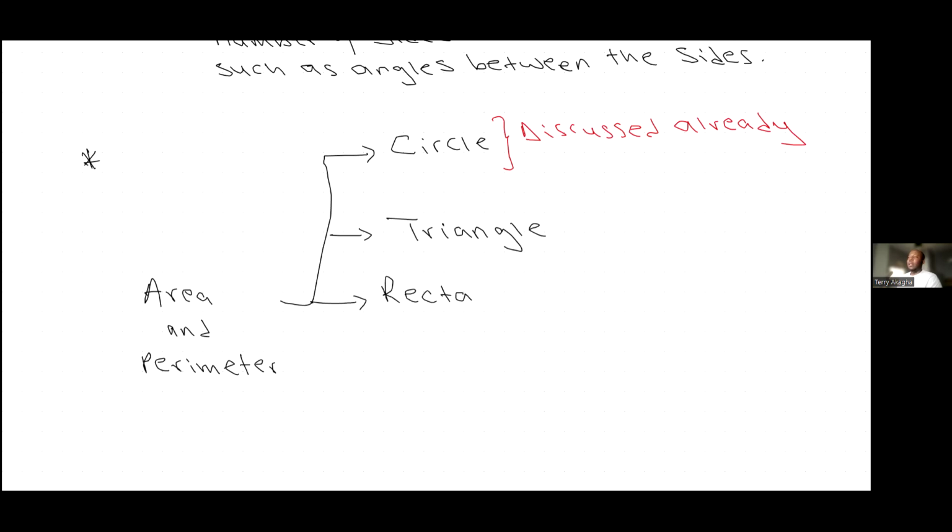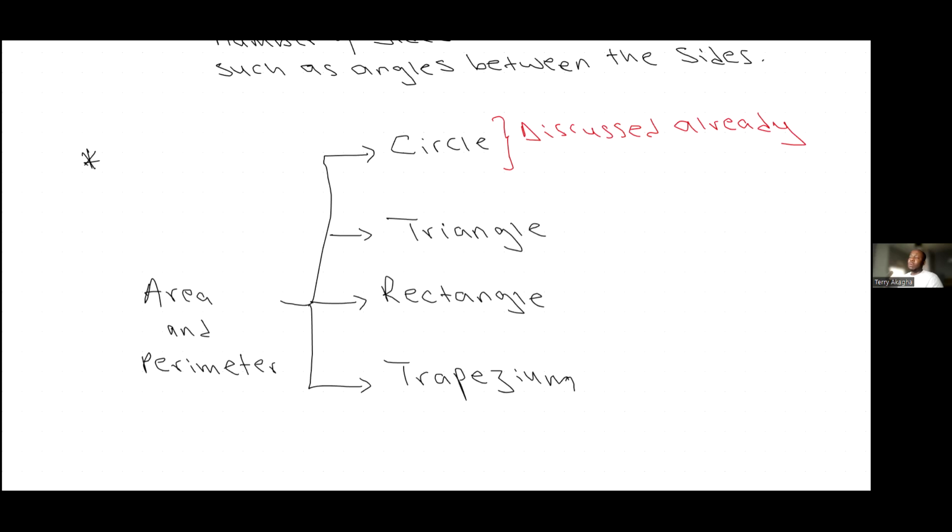Then I'm going to end up with finding the area and perimeter of a trapezium. So these are the three I'm going to focus on in this video.